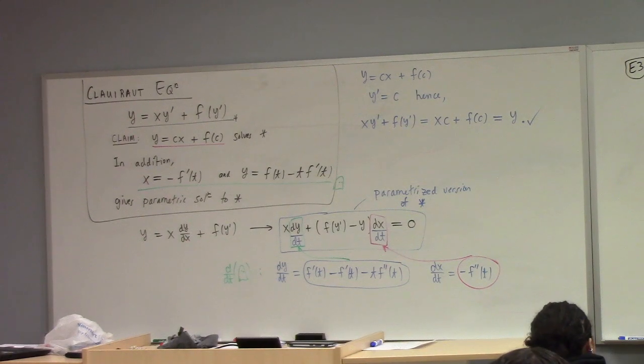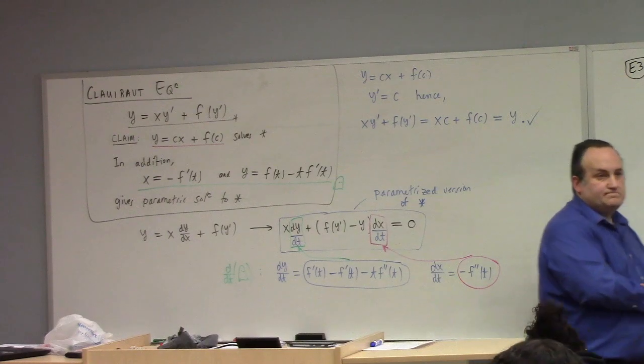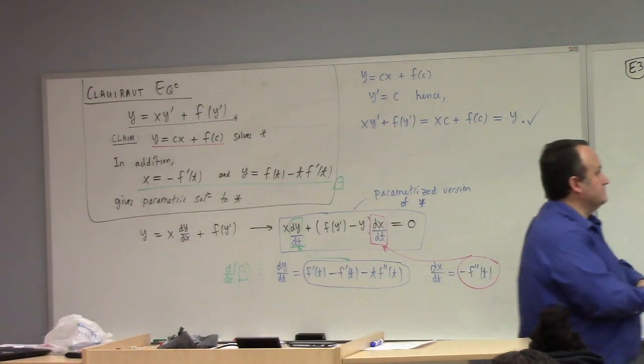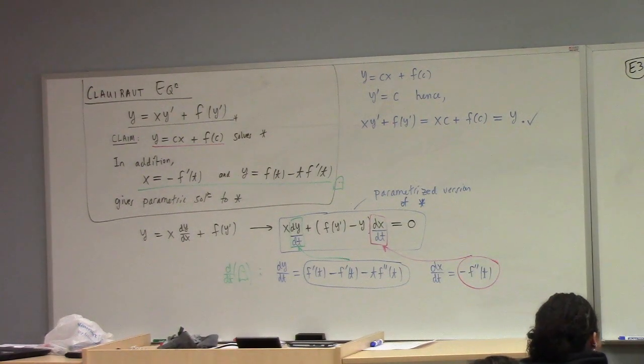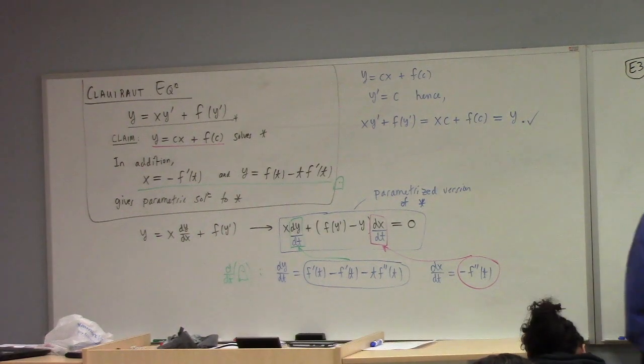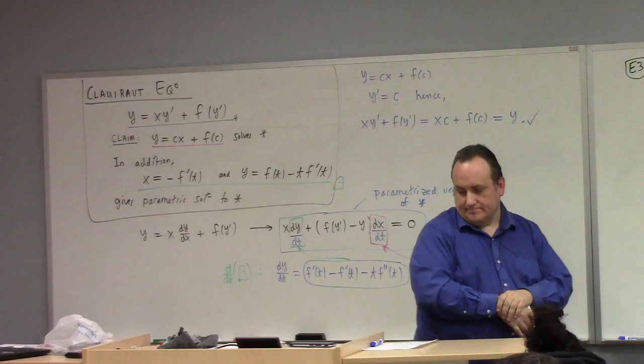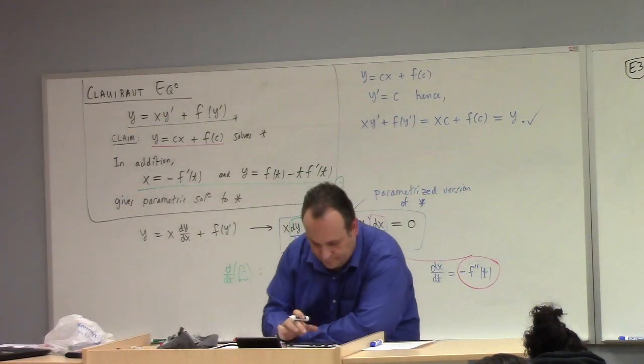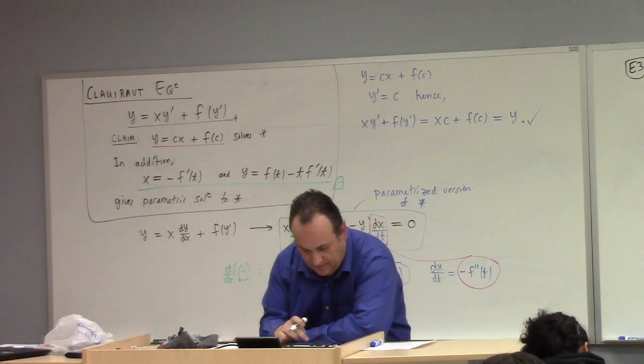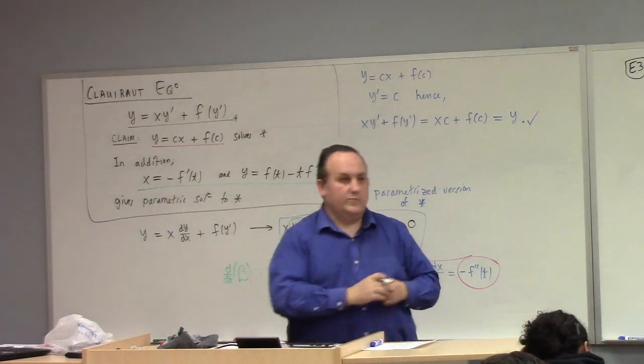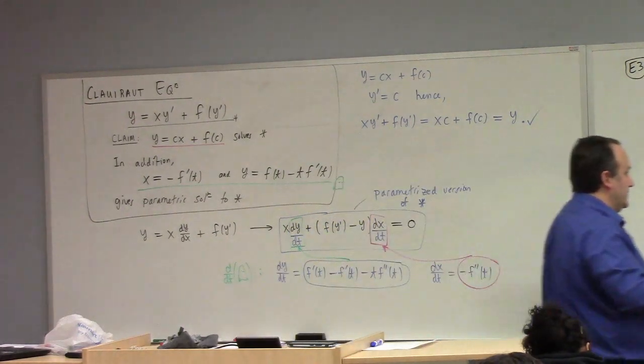Cx plus f of c. What is f of c here? Cx plus 1/2 c squared. How about the parametric solutions?